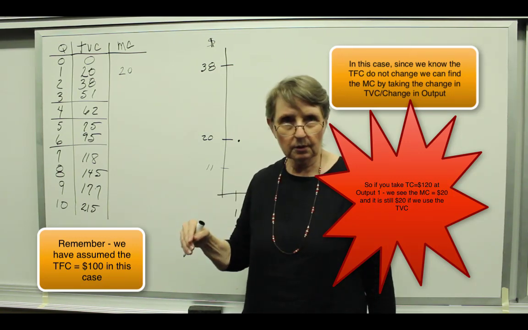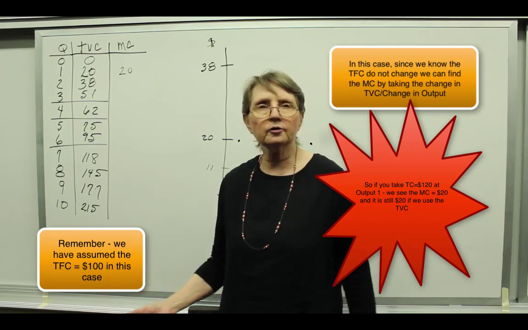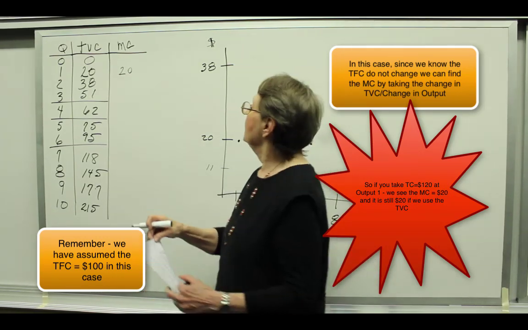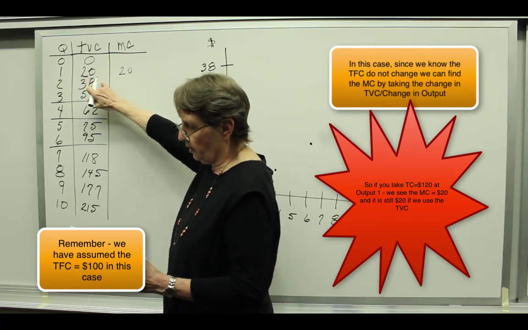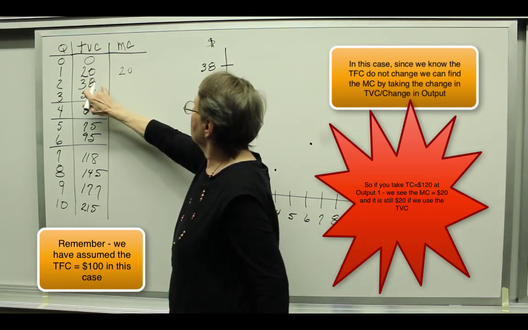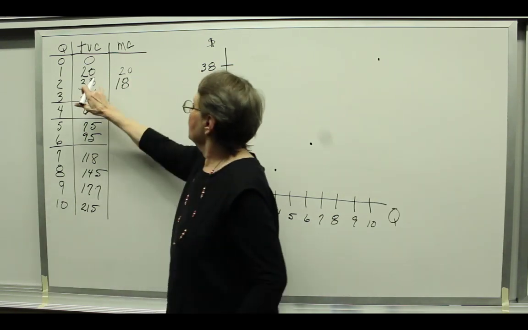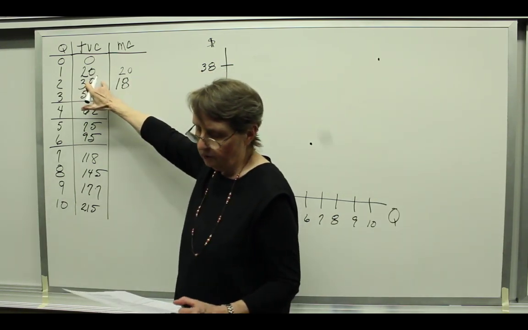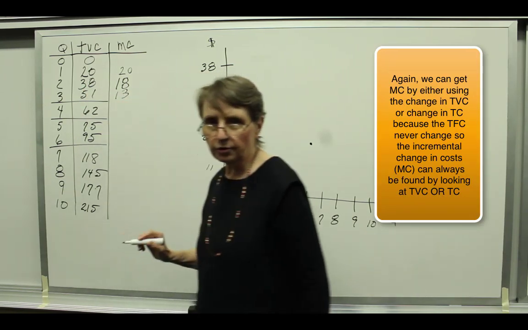That means if I go from producing nothing to producing one unit, my costs are up by $20. If I go from producing one unit to producing a second unit, my costs go up by $18. If I go from producing the second unit to the third unit, my costs go up by $13.